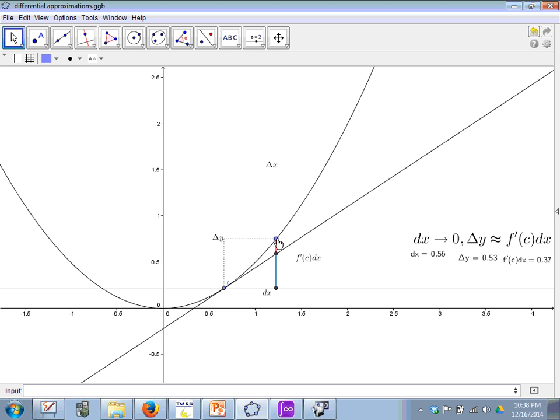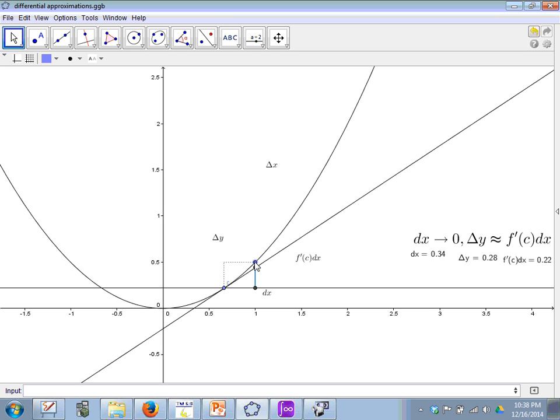Right now dx is about 1, delta y is 1.26, and f prime of c dx is 0.7, so they're not real close to each other. But as dx, or delta x, gets smaller and smaller, approaching 0, delta y gets closer and closer in value to this value here. Now we're at 0.28 and 0.22, much closer together.